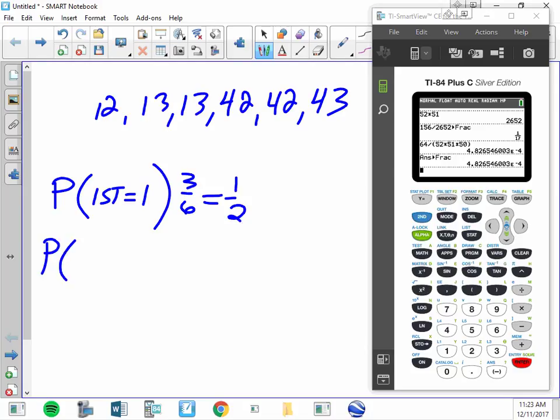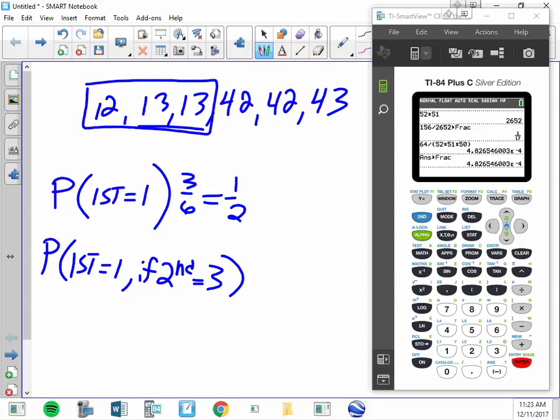What is the probability that the first is 1 if the second is a 3? So now we have 2 out of... Oh, sorry. What is the chance that if the second is a 3? So I get 2 out of 3.